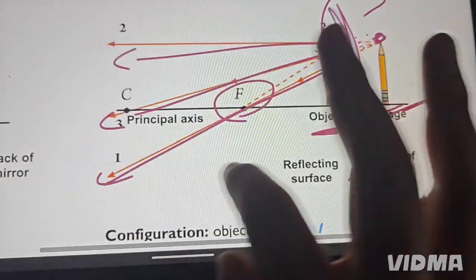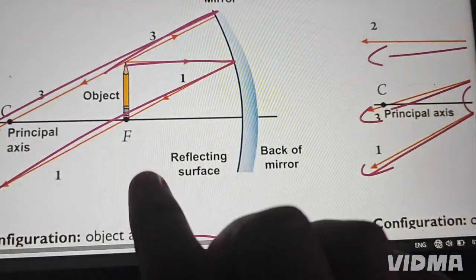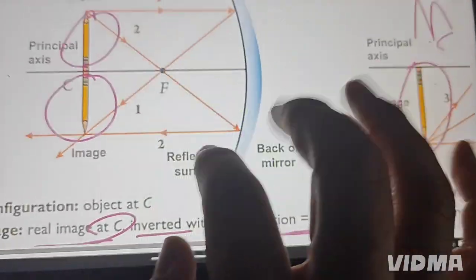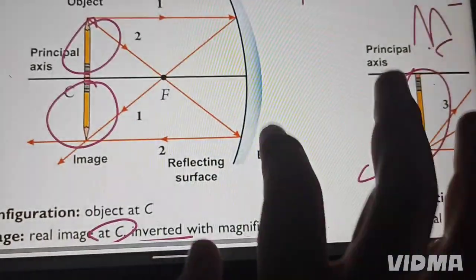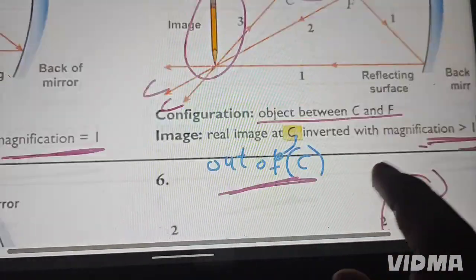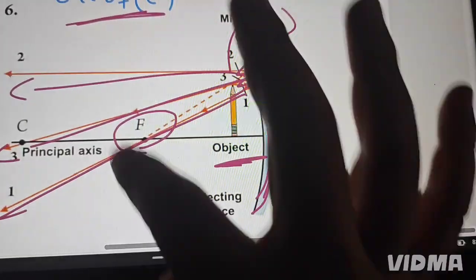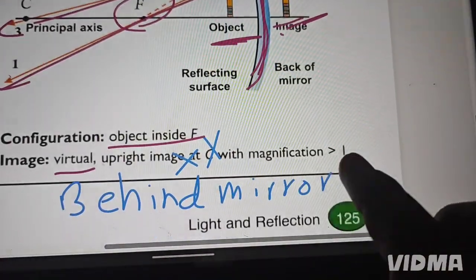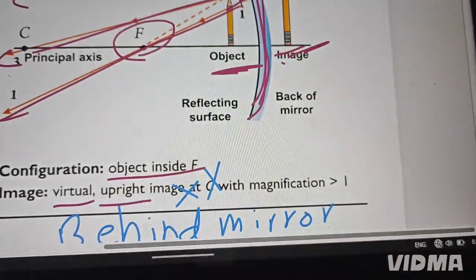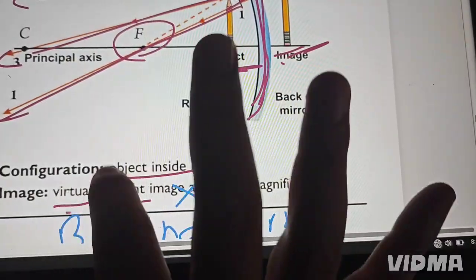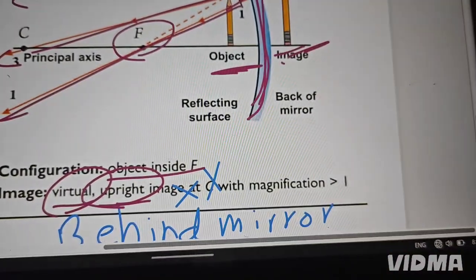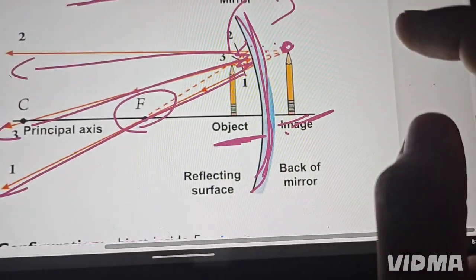If we have an image in front of the mirror, this is called a real image. But in here we have the image behind the mirror, so this is called virtual. And in here it is upright. Every time a virtual image is produced, it is an upright image. Upright, all of them have the same direction.